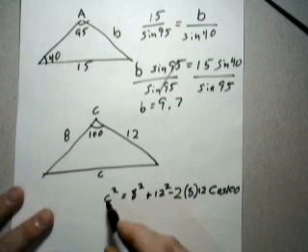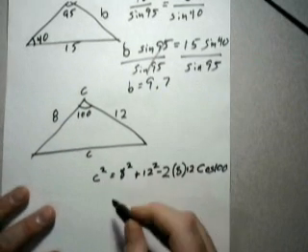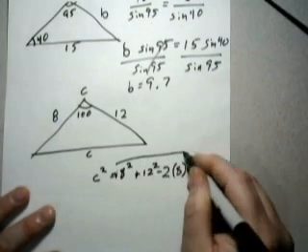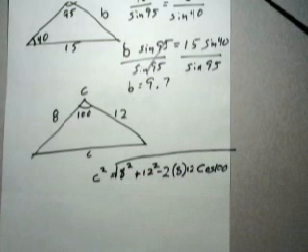And of course, since I need to find C, not C squared, I need to take the square root of the whole thing. So I can type that right in my calculator like that.